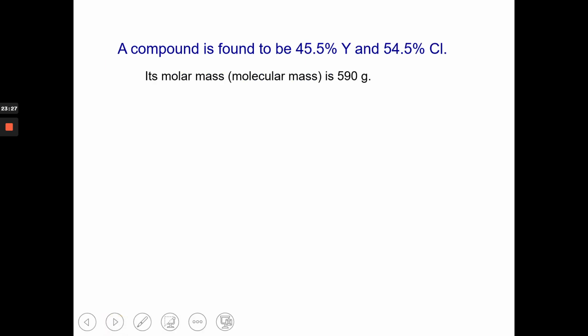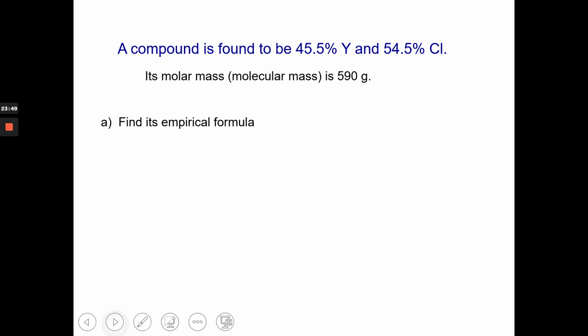All right, last example here that we'll do together. A compound is found to be 45.5% yttrium, that's element 39, and 54.5% chlorine, that's element 17. And we're given its molar mass is 590 grams. So we want to know 2 things here.